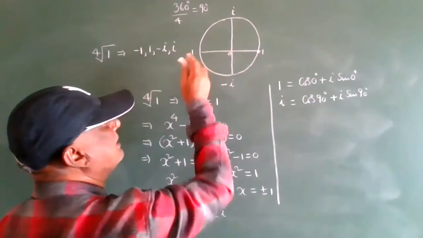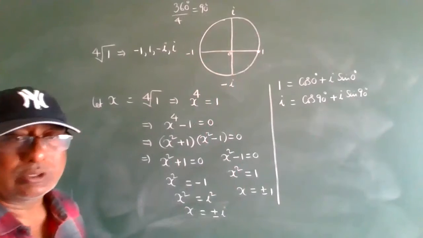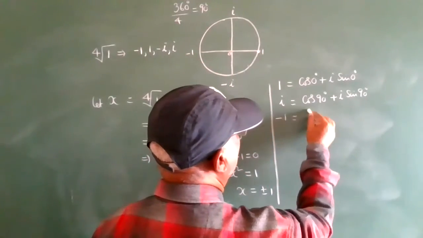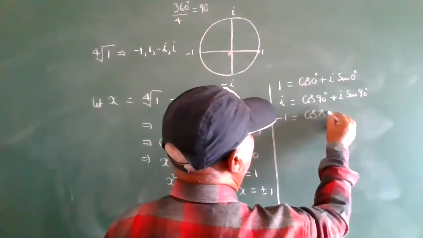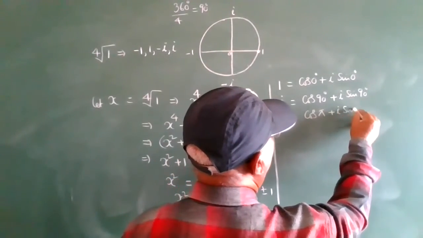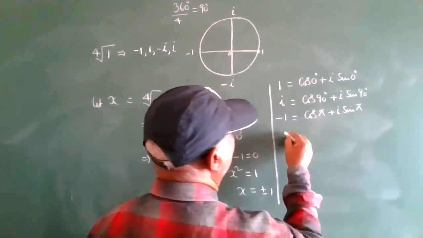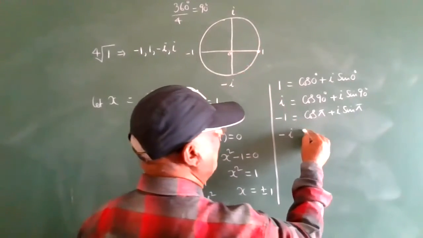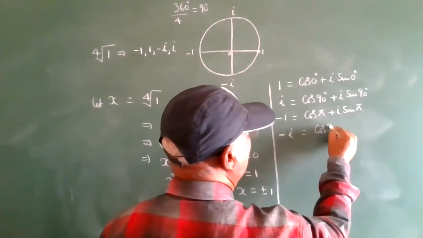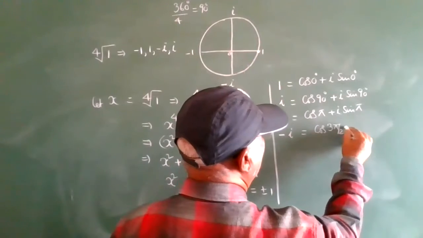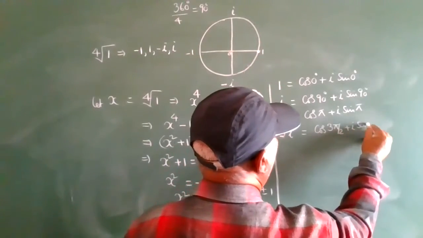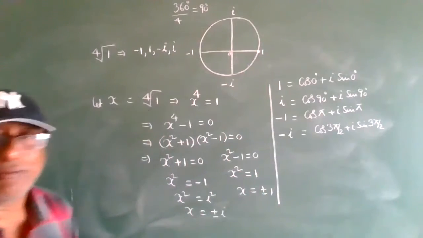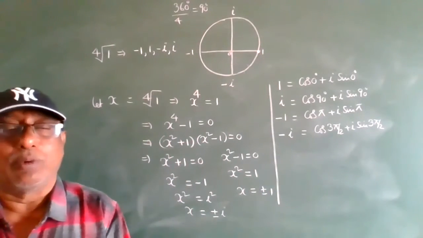Minus 1 is on the negative side of the x-axis, pi is the angle. Therefore, minus 1 is equal to cos pi plus i sin pi. Minus i is on the negative side of the y-axis, so the angle is 3 pi by 2: cos 270 plus i sin 270 degrees. Okay? These are the polar forms.